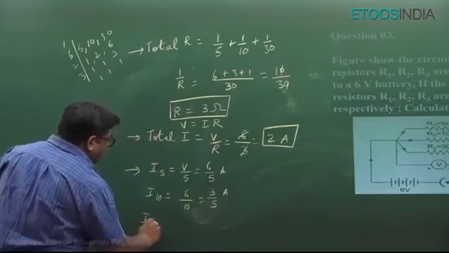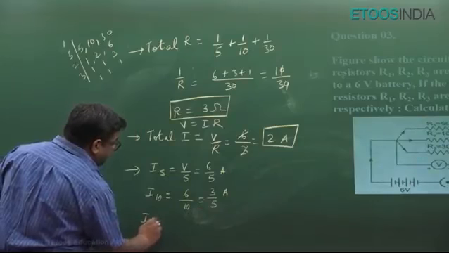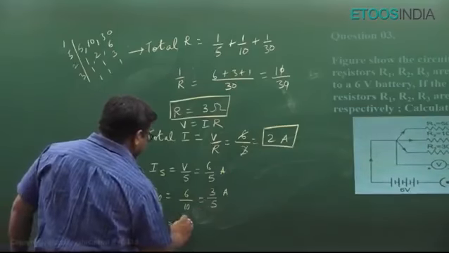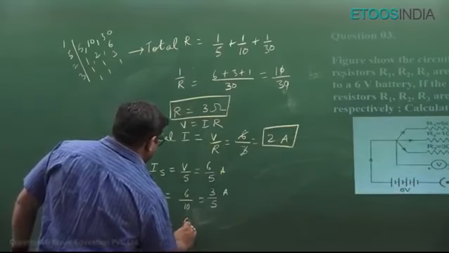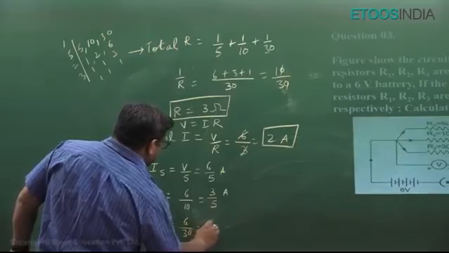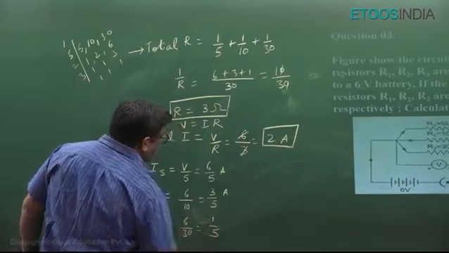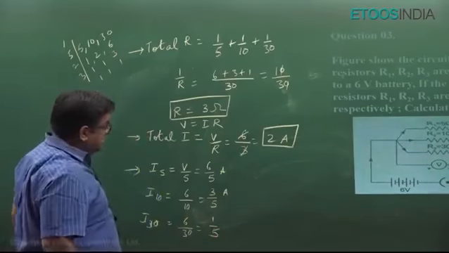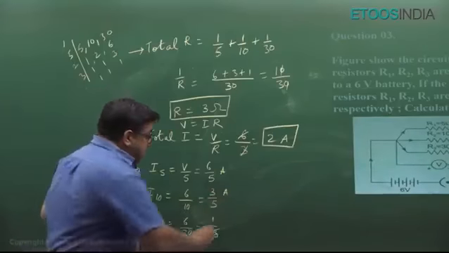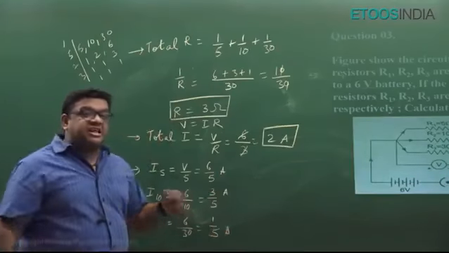And for I30, it is 6 upon 30, that is 1 upon 5. Is it clear? Ampere.